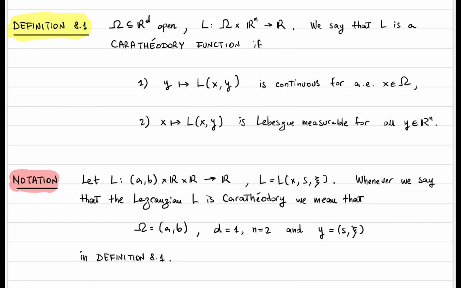So basically we are requiring that this function here has to be continuous for almost every x in (a,b), and instead the function that maps x into L of x, s, and psi has to be measurable for almost every s, psi in R2 fixed.